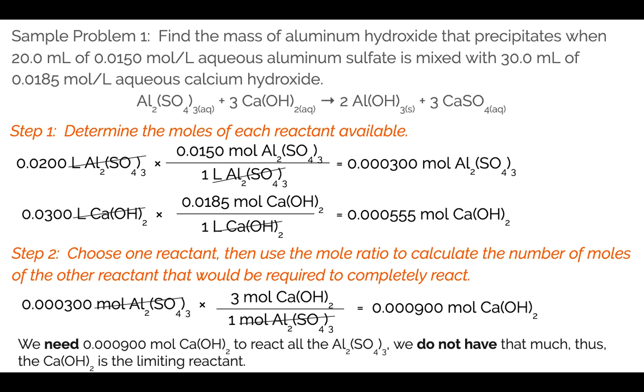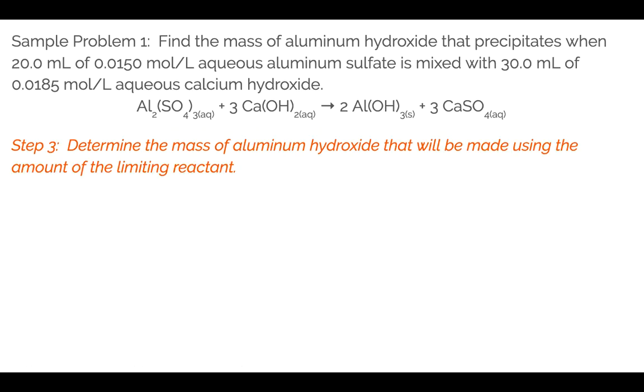So now that we know that the amount of product is going to be determined by the amount of calcium hydroxide, we can take the moles of calcium hydroxide that are present and use that to figure out the mass of precipitate that's formed. So we take that 0.000555 moles of calcium hydroxide.